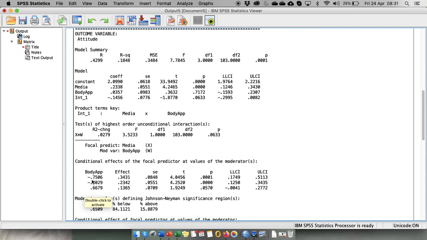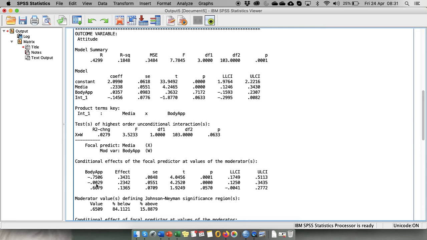Because they're centered and standardized, you can see them as below the mean, the low body appreciation group, around the mean, and because they're centered the mean is 0, though in this case the data set is a bit skewed, so the mean is not exactly 0.